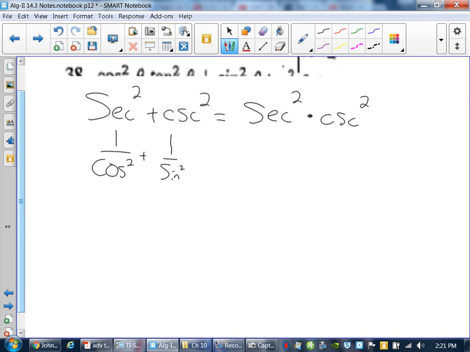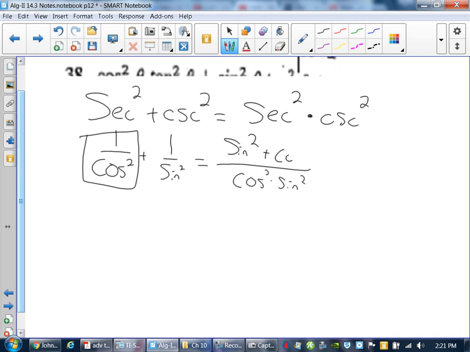Just like if you were adding together 1/3 and 1/2, the common denominator would be 6 by multiplying 2 and 3. Same property works here. The fraction on the left is missing a what? The fraction on the right is missing a? And what's sine squared plus cosine squared?